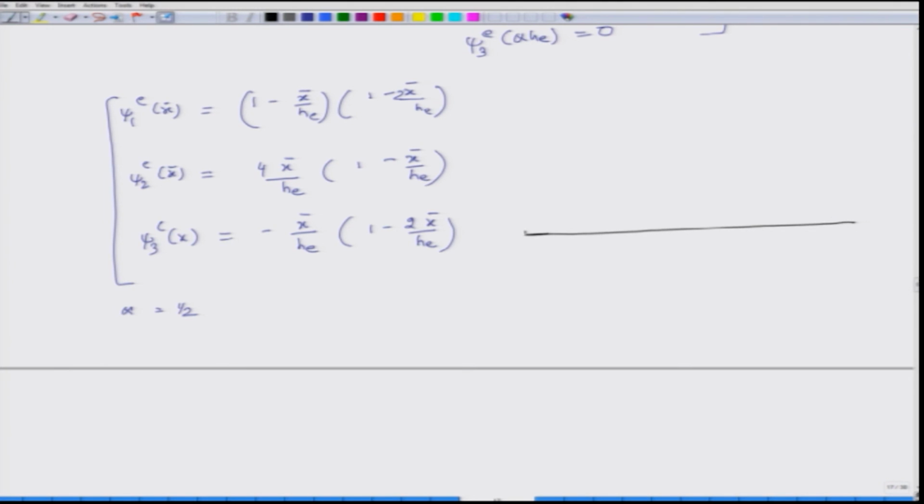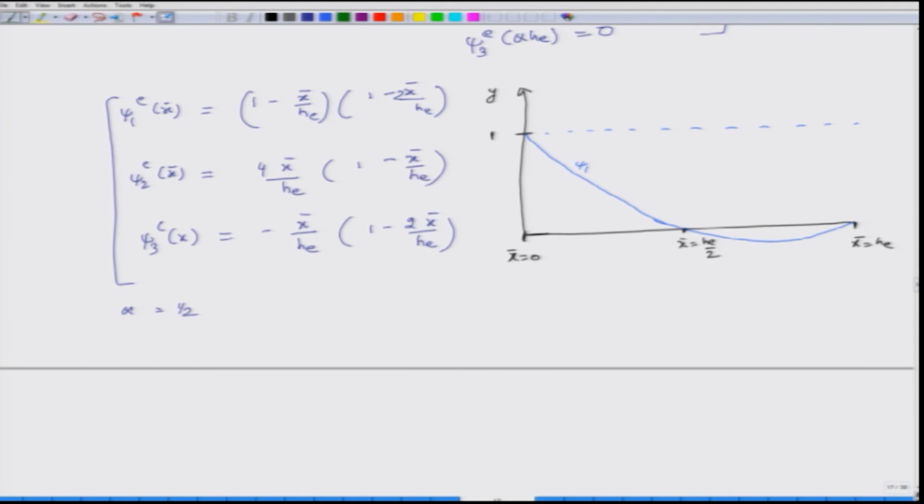And if you plot these, suppose this is x bar equals 0, x bar equals h^e, here x bar equals h^e over 2, and this is your y axis, and this is 1. Then your first function psi 1 varies like this.